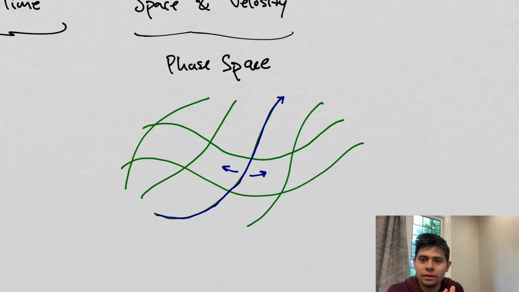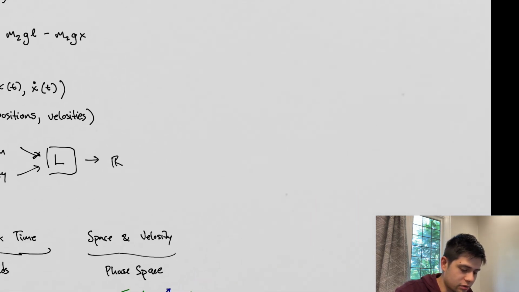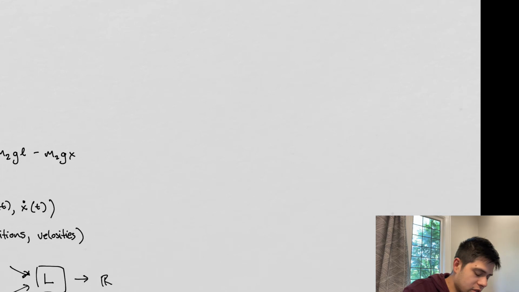This is the path that's most likely going to be taken in nature. And this is called the principle of least action. The principle of least action goes something as follows.